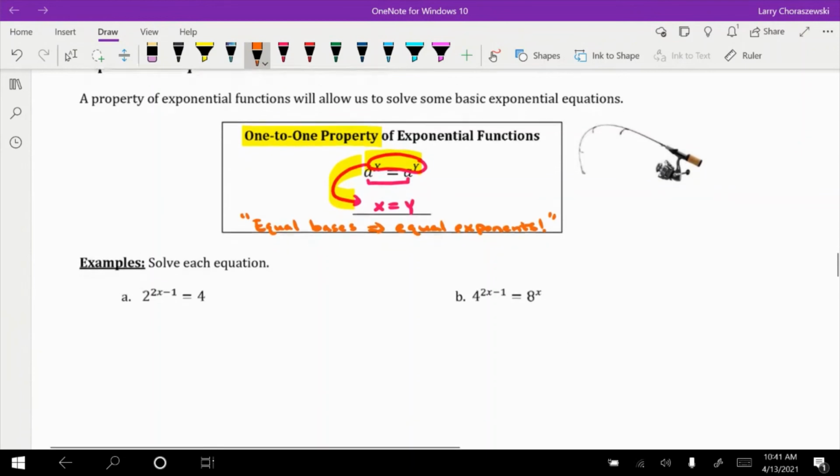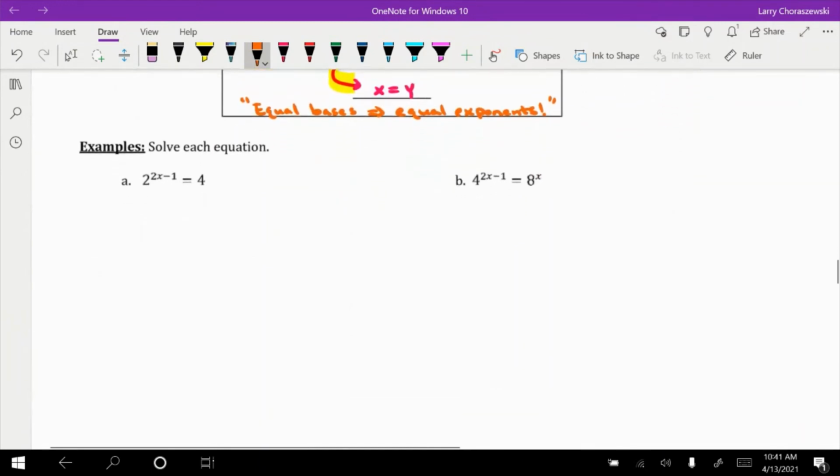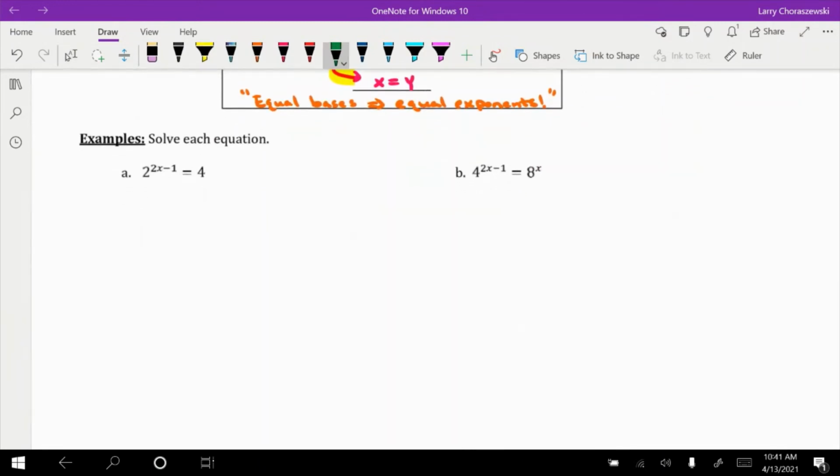All right, case in point, let's look at example part A, where we've got 2, and in its exponent, which I'll surround in parentheses so that we know all of that's part of the exponent, is 2x minus 1, and on the right-hand side we have 4. The left-hand side is already in exponential format, using a base 2. So the trick is to see if you can rewrite 4 as a power of 2. It's 2 squared. So I'm going to leave the left-hand side alone, but rewrite the right-hand side as 2 squared.